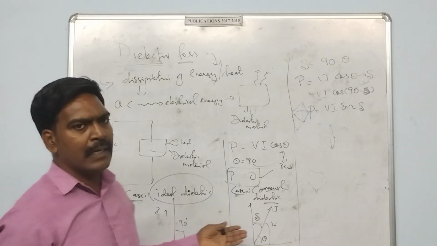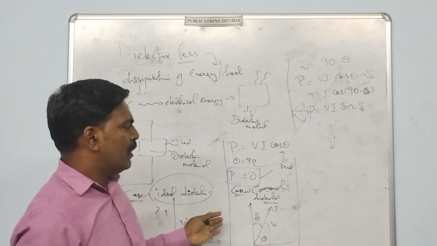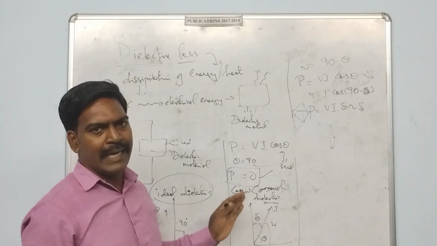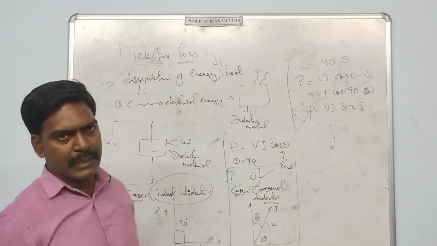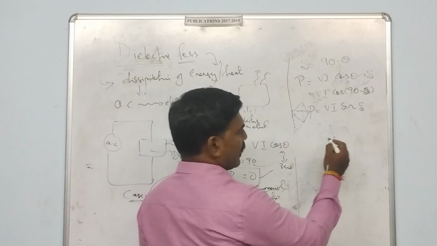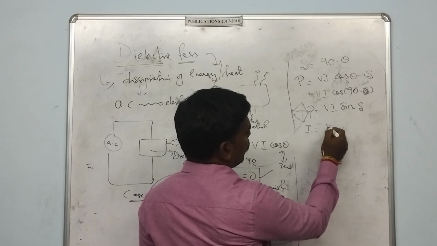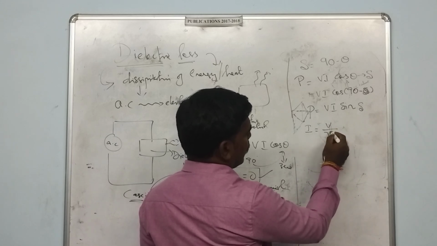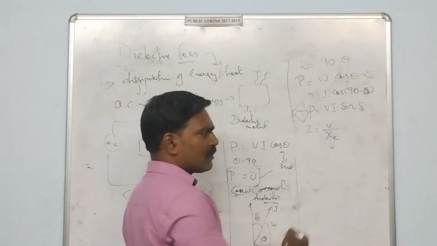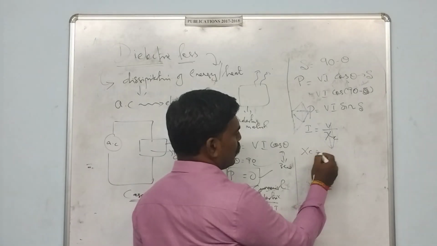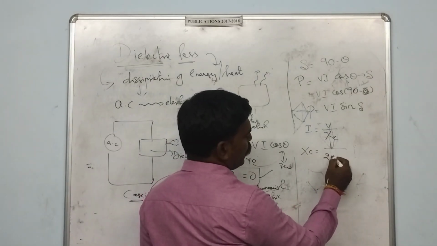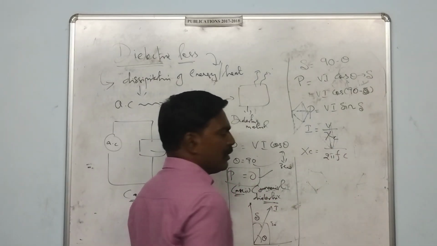One more condition we are going to apply. In case this commercial dielectric is placed between the capacitor, based on that we can write the relation I equals V by Xc. We know Xc equals 1 by 2 pi Fc.